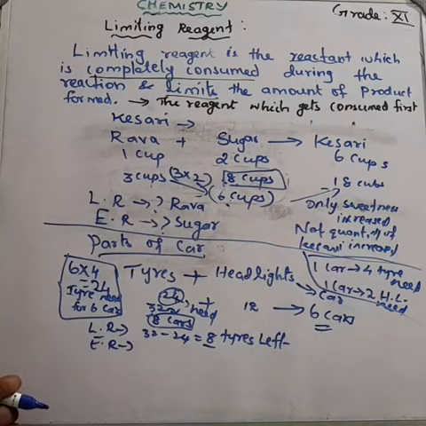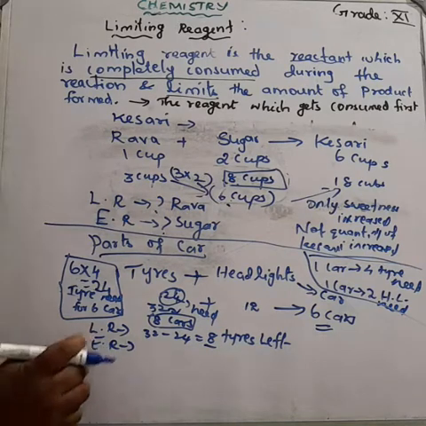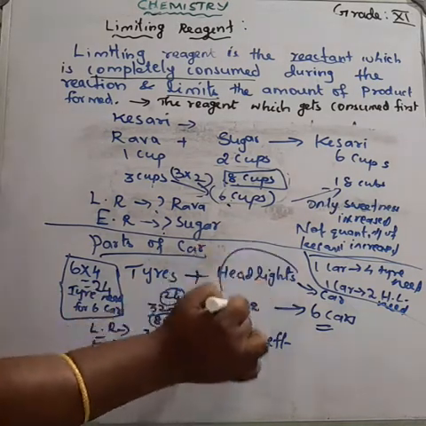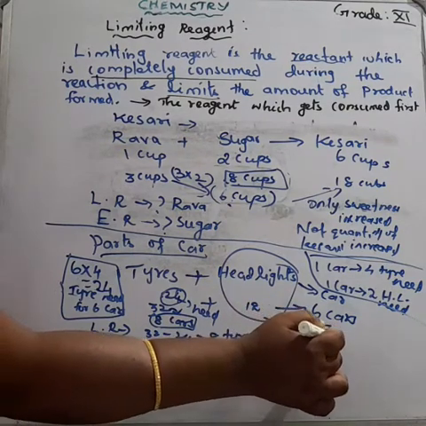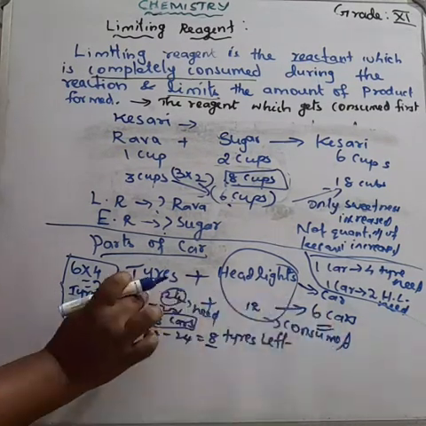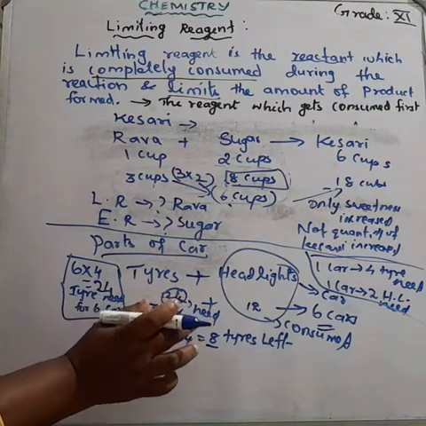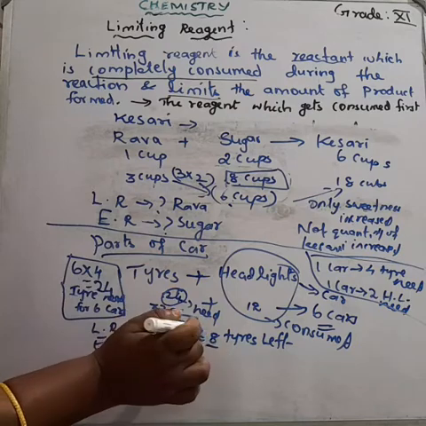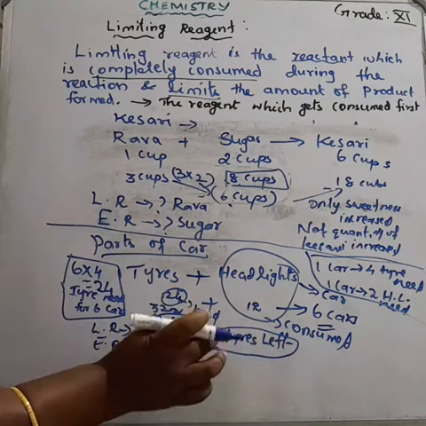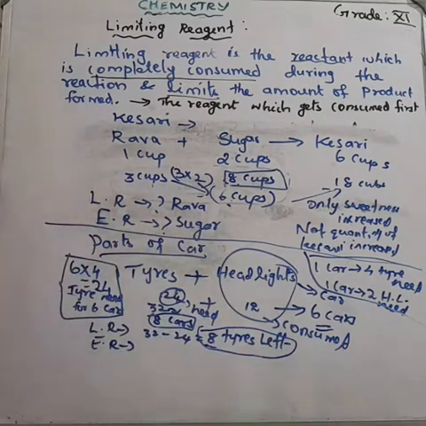So 12 headlights are fully consumed to prepare 6 cars. But only 24 tires are used to prepare the 6 cars. So how many tires remain in excess? 8 tires excess here. Understood.